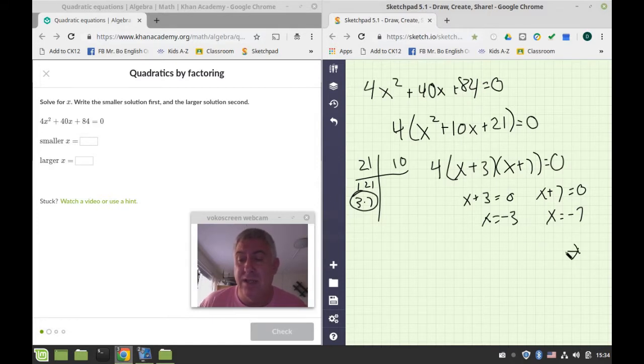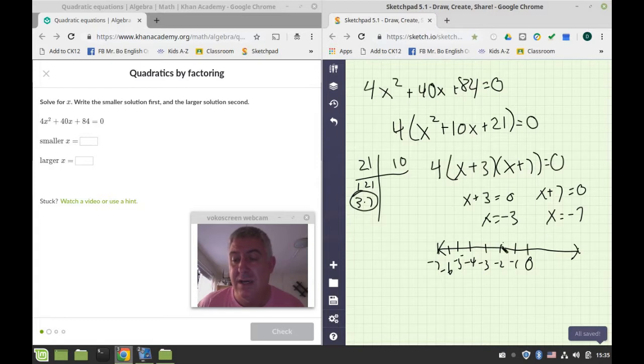And they'll look at 3 and 7, and 3 looks smaller, but if we put these on a number line, I have negative 3 and I have negative 7, and one of those is farther to the left, and that means it's a smaller number, and that is the negative 7.